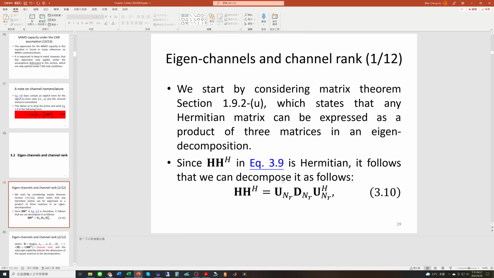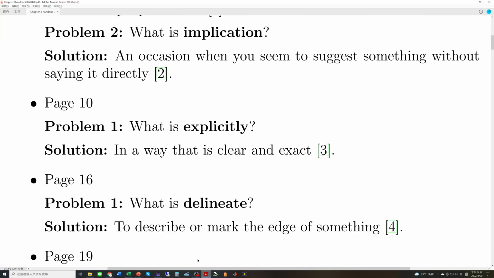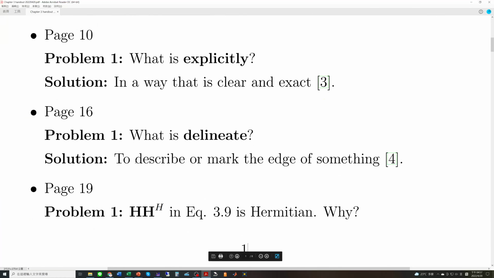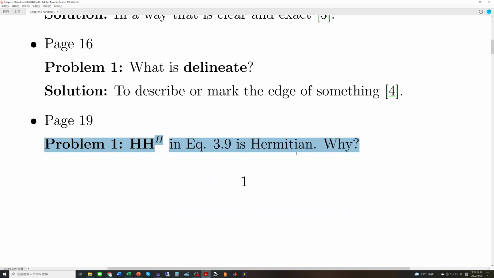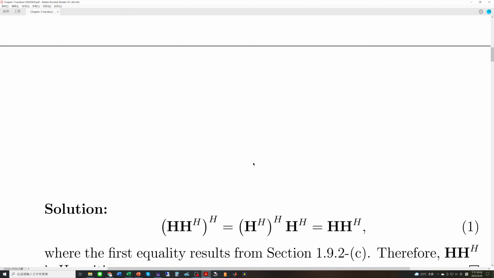Let us see the handout. Page 19. Problem 1. H times H Hermitian in equation 3.9 is Hermitian. Why? Okay, next page.